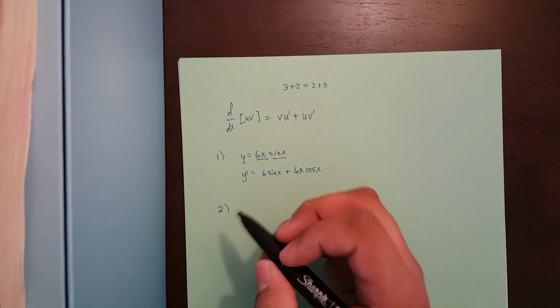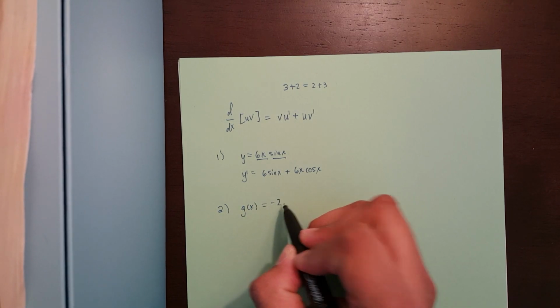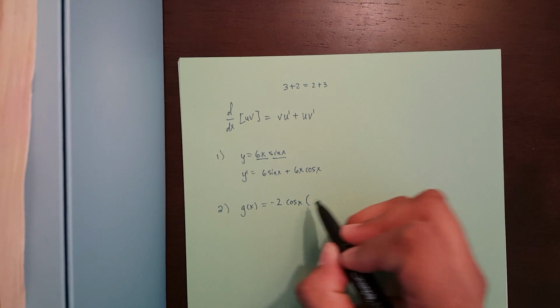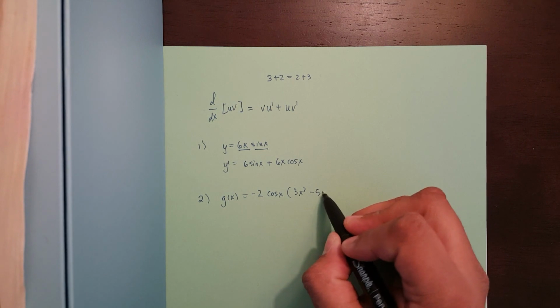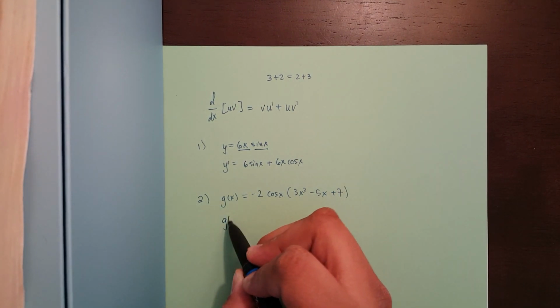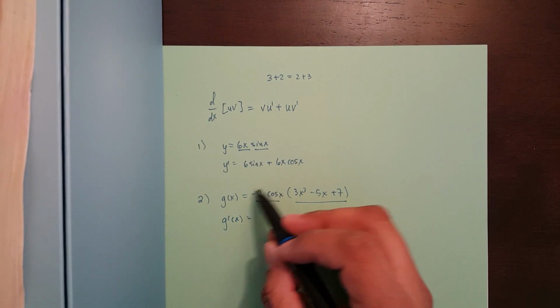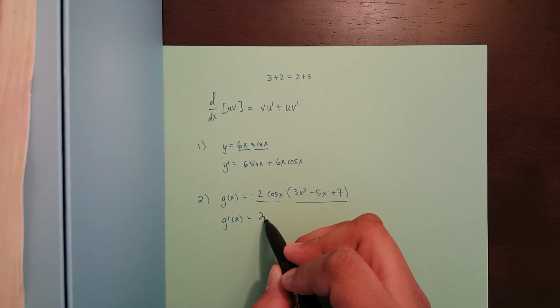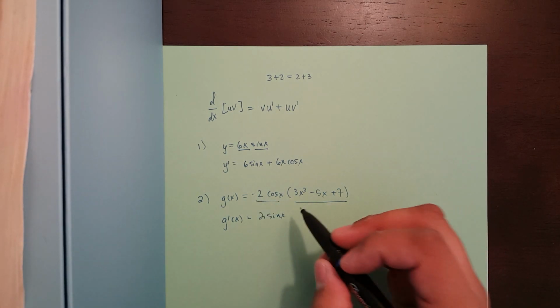All right, the next problem is if you have this function g of x is equal to negative 2 cosine of x times 3x cubed minus 5x plus 7, find the derivative of g. So once again, it's going to be the product rule because you have one function times another. So the derivative of this is going to be positive sine of x because the derivative of cosine is negative sine times that negative is a positive.